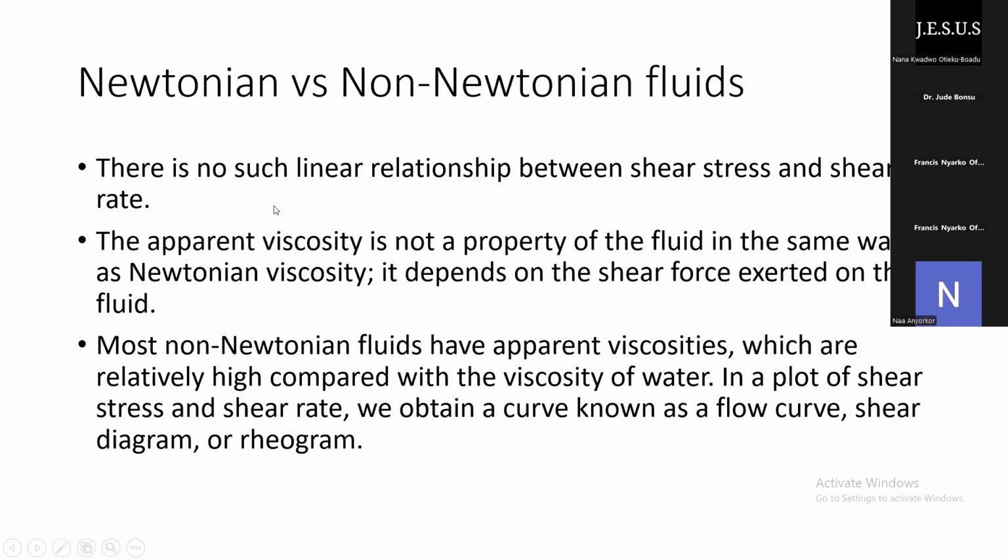But for the non-Newtonian fluids, there is no linear relationship between the shear stress and the shear rate. And also, the apparent viscosity is not a property of the fluid. Yes. Most non-Newtonian fluids have apparent viscosities which are relatively high compared with the viscosity of water. With this one too, I think we can find much information on the next slide. So when you get there, you understand it better.